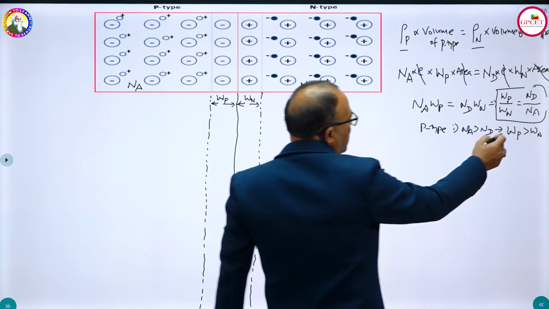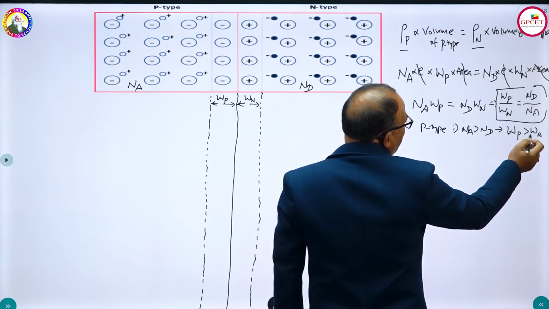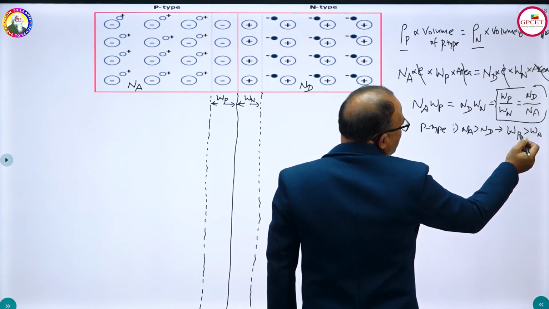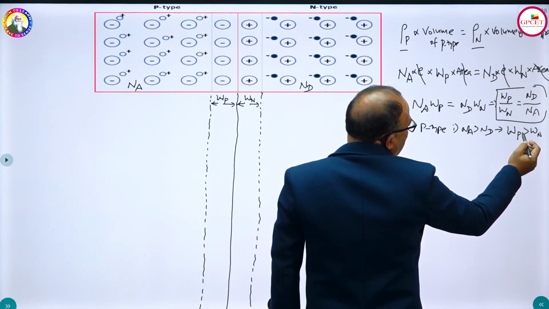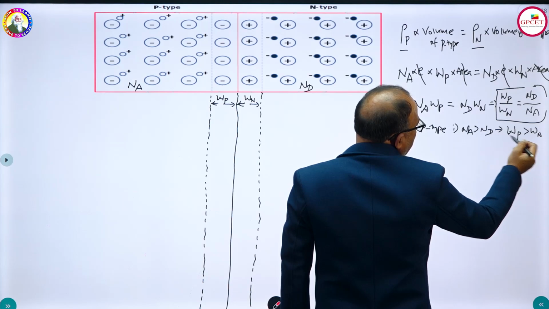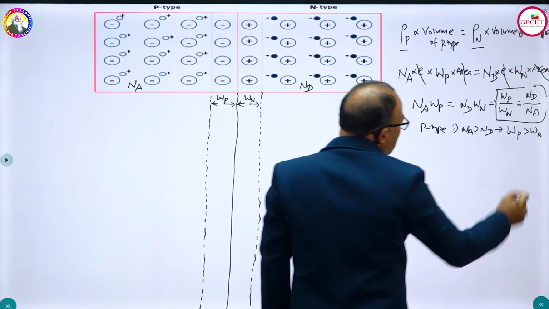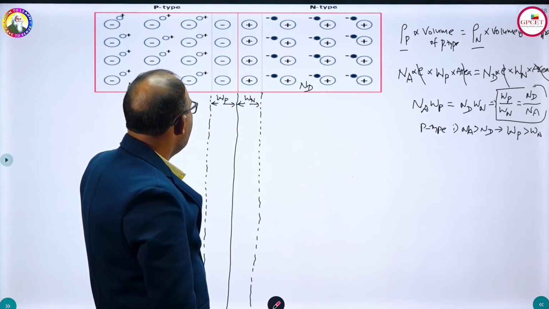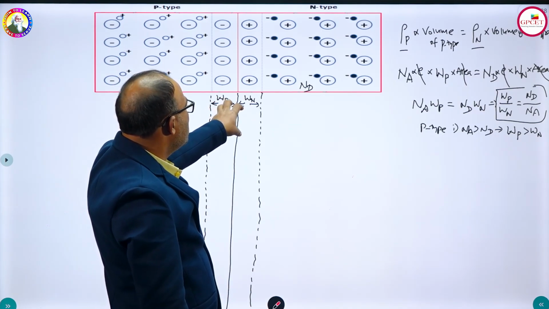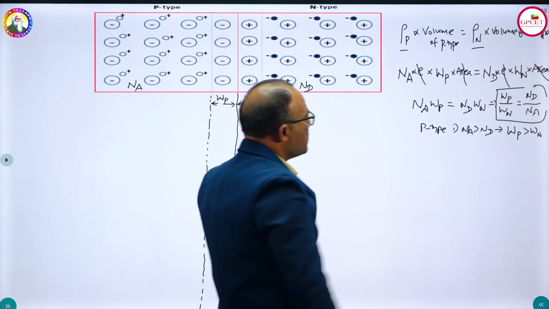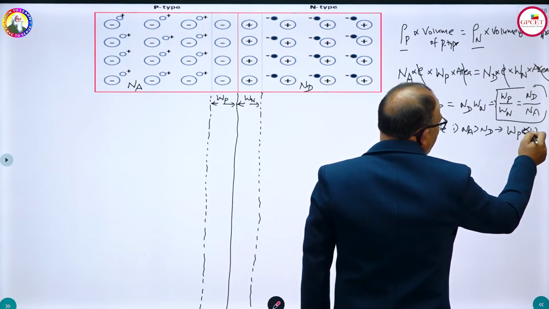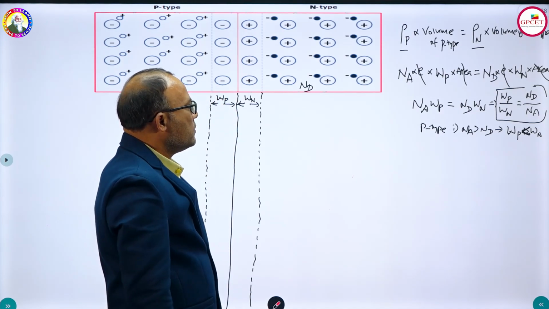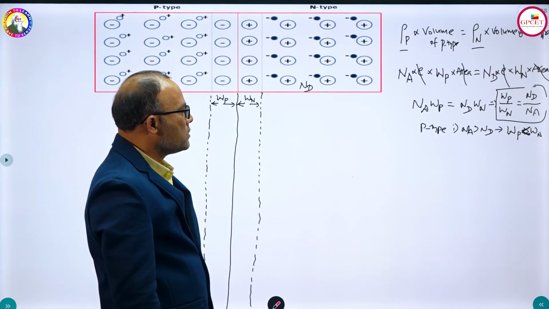The acceptor concentration is larger than the donor concentration, so the width of the depletion region is more towards the n side compared to the p side. Okay, the width of the depletion region is more towards the n side.